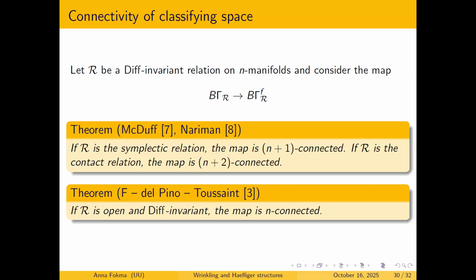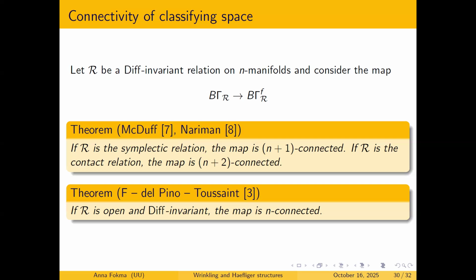And we now consider the more general case of open and diff invariant relations. And then it turns out that this map is at least n-connected. And this is really a rephrasing of the result from a couple of slides back about this diagonal map, stating that formal R microbundles are concordant to a genuine R microbundle as long as the dimension of the base manifold M is less than or equal to the dimension of the fiber.